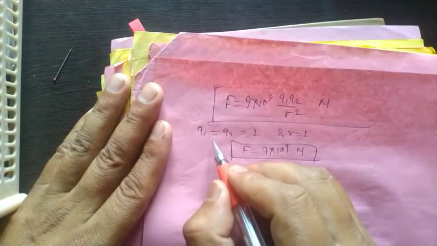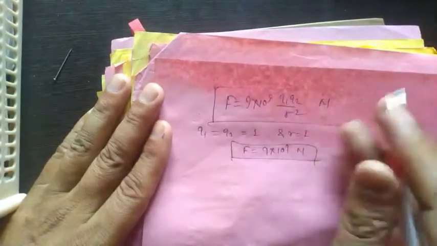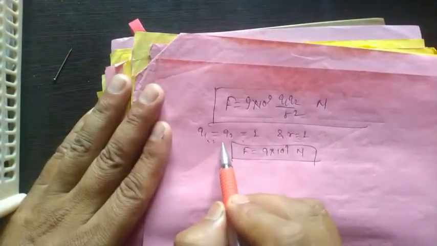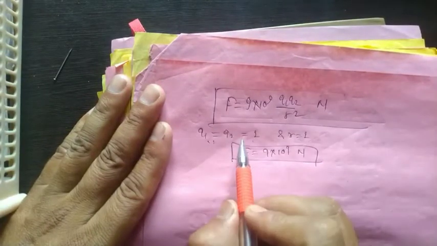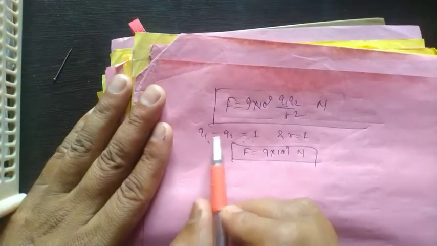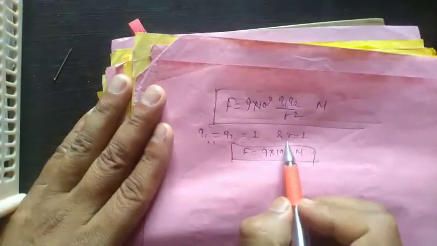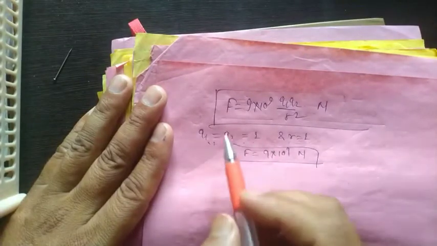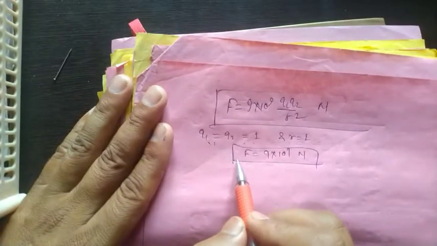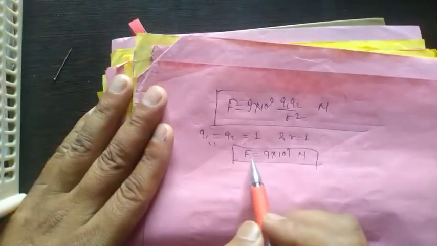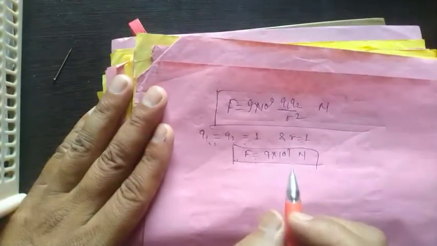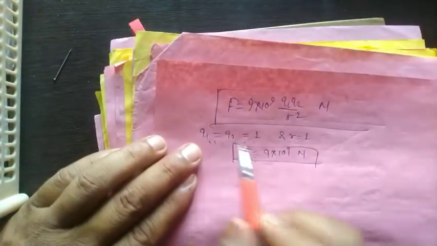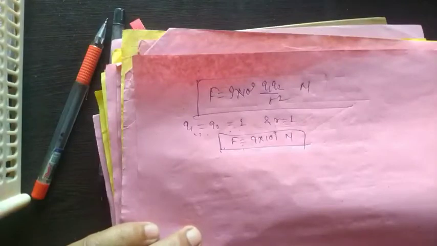1 Coulomb charge is one which, when two similar charges are separated with a small distance r equals 1, then the electrostatic force will be produced between them.